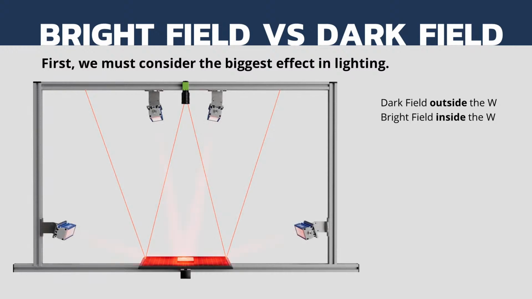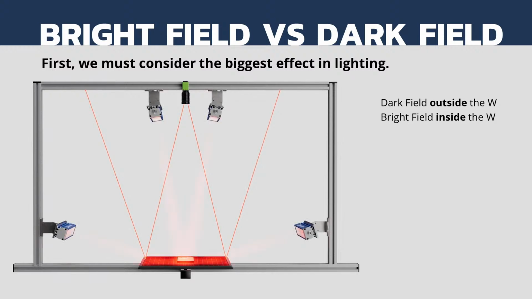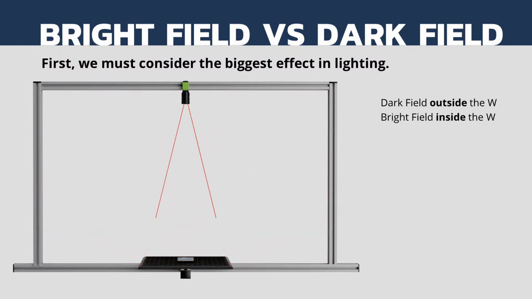Basically, this sets up the boundary for our rule of what is bright field and what is dark field imaging. If it's inside the W, filling from the top down, then it is what we call bright field imaging. If it's outside the W, filling from low angles and from the outside in, it's what we call dark field imaging.